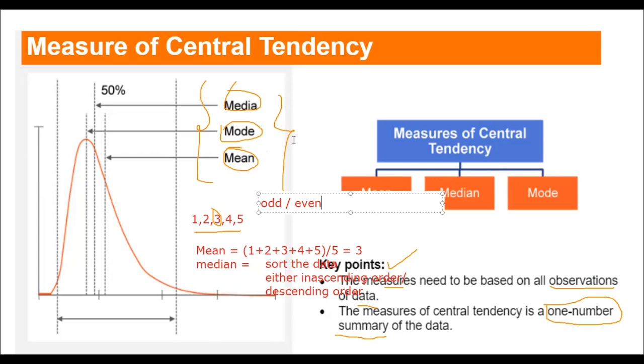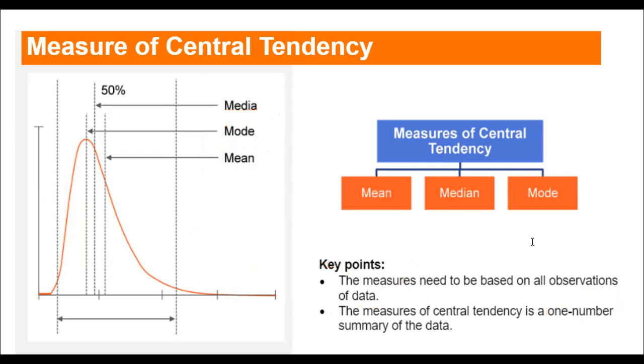Now, the mode is the most frequent value of the data. Let's say that in a shop, there is a shoe number which is being sold more, so the frequency of that shoe number is higher. Let's say shoe number 7, whose frequency is around 15.